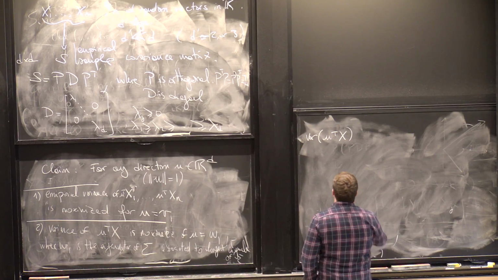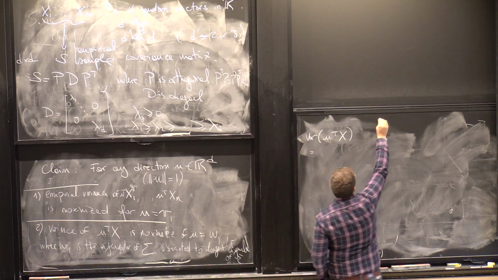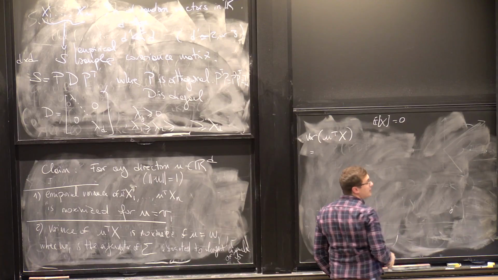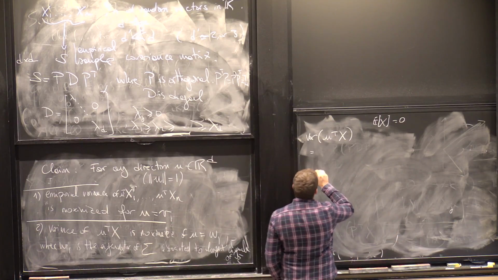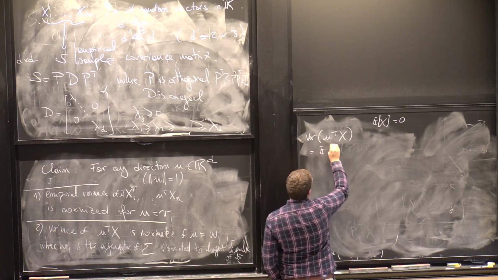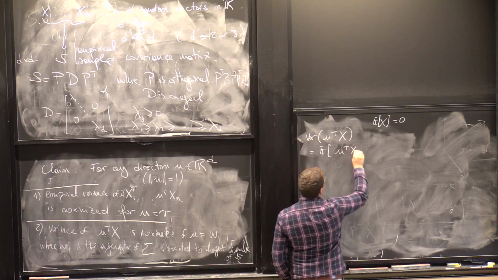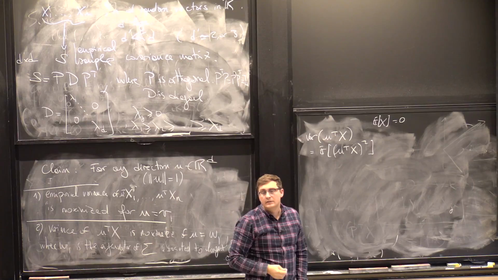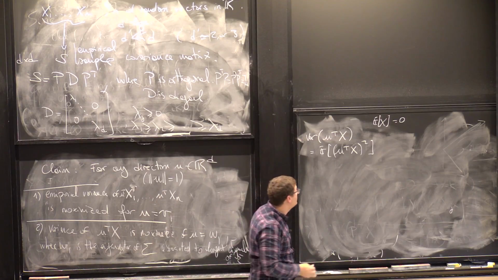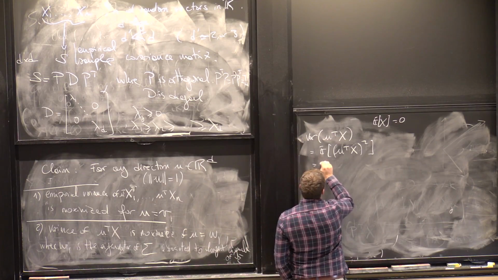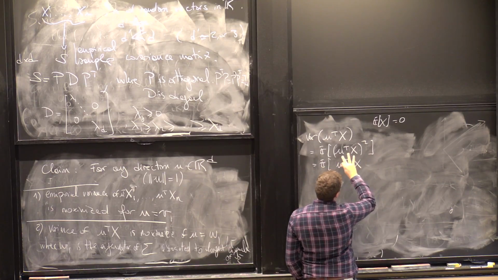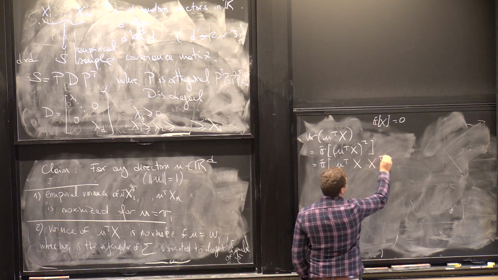So let's assume that x is 0, again, for the same reasons as before. So what is the variance? It's just the expectation of the square, right? I don't need to remove the expectation. And the expectation of the square is just the expectation of u transpose x. And then I'm going to write the other one, x transpose u.